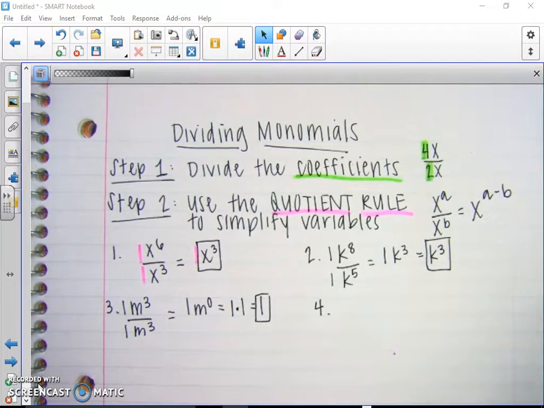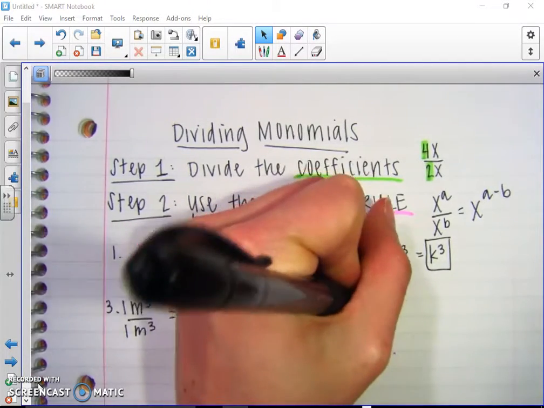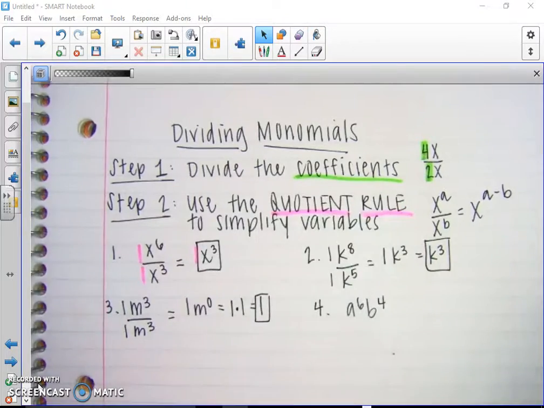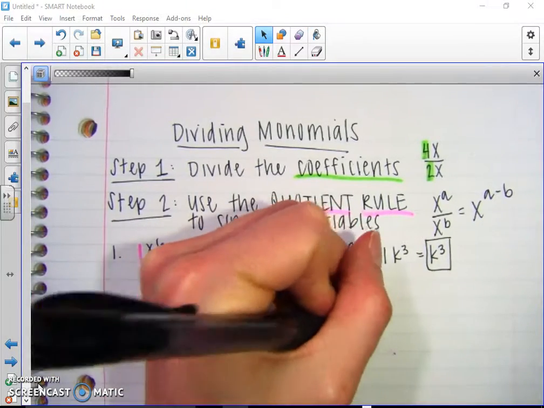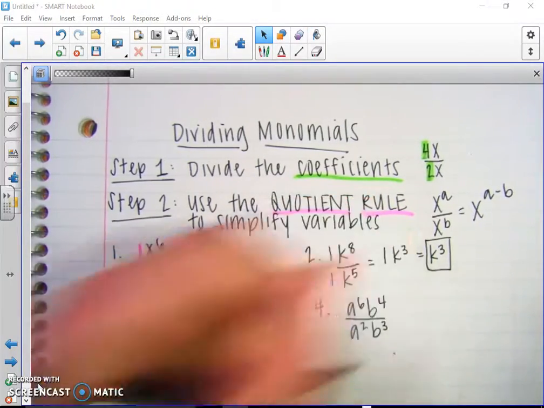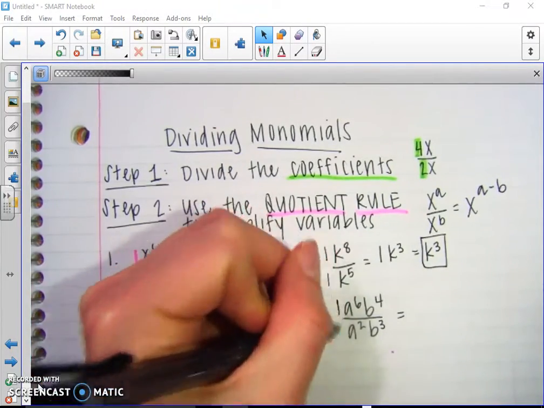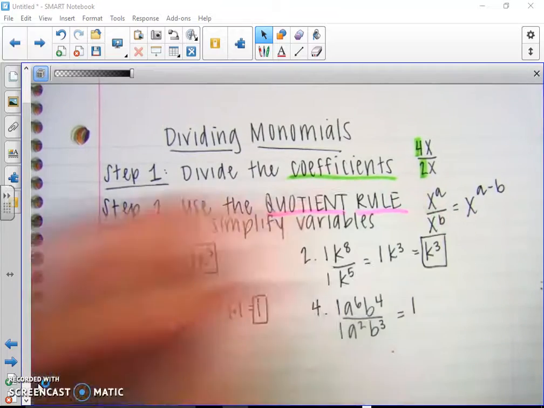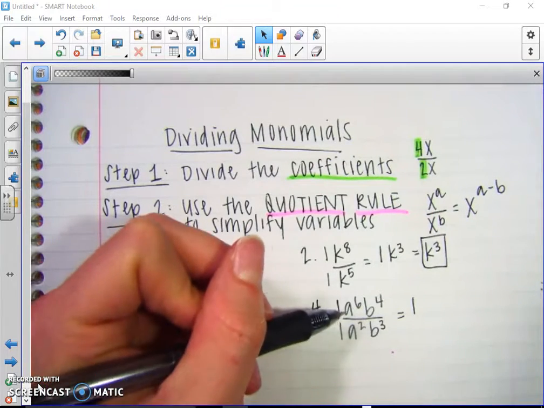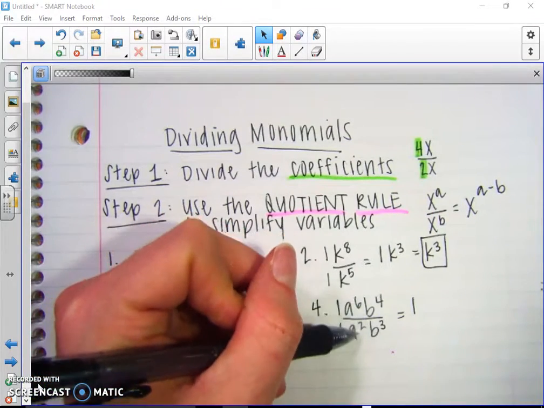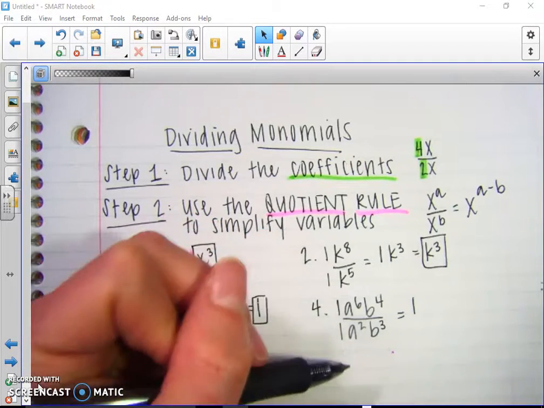All right, let's try something with more than one variable. So we have a to the 6th, b to the 4th, over a squared, b to the 3rd. So coefficients, we have 1 over 1, so we're just going to have 1. And then we only subtract the exponents of the same bases.